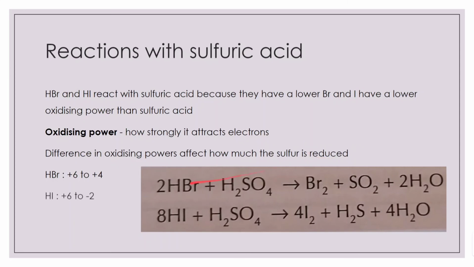Whereas in our hydrogen iodide reaction, sulfur goes from a +6 oxidation state to a -2 oxidation state. This is because iodine has considerably less oxidative power than sulfuric acid. And because of this larger difference in oxidizing power, sulfur is reduced much more than in the bromine reaction.